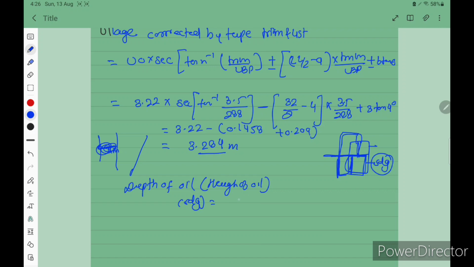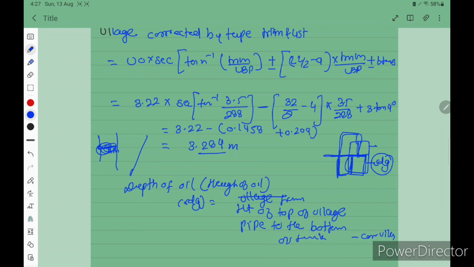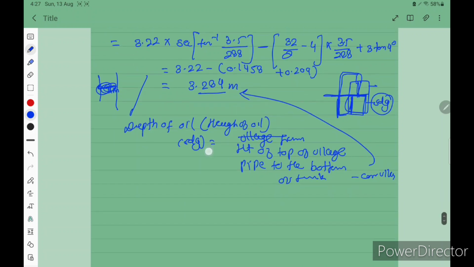Sounding is equal to height of top of ullage pipe to the bottom of tank minus corrected ullage. Corrected ullage we calculated here.